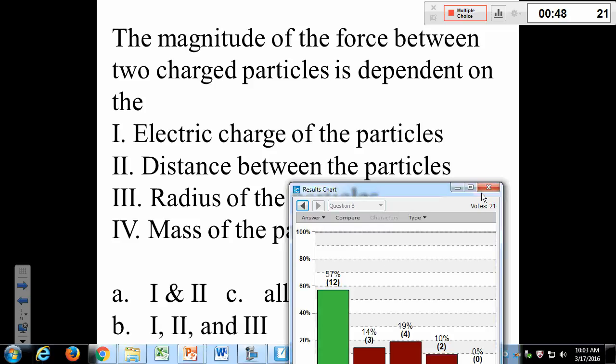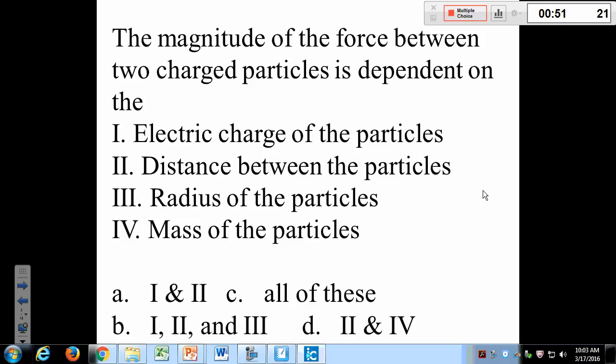A is right. 1 and 2. The electric charge of the particles, remember this is K, Q, Q over distance squared. So the electric charge is relevant. And then also the distance between the particles is relevant. Turns out that the radius of the particles doesn't really matter. Only the distance between the particles. And then also the mass of the particles. Well, that might affect how they move. It doesn't affect the force that they feel. By the way, if I had two particles with the same force, which would move faster? One with a bigger mass or a smaller mass? The smaller mass would accelerate at a greater rate.